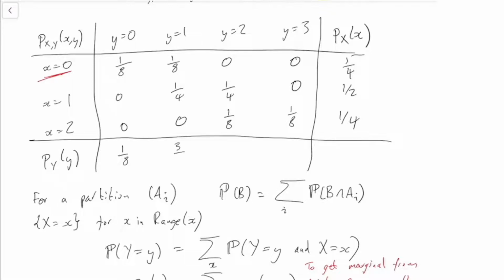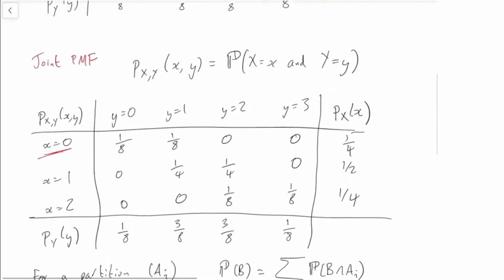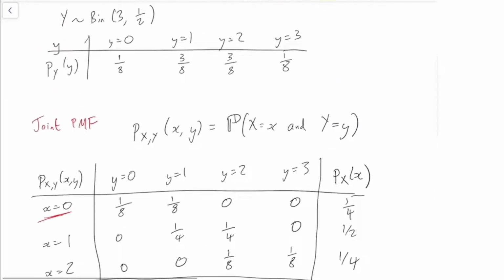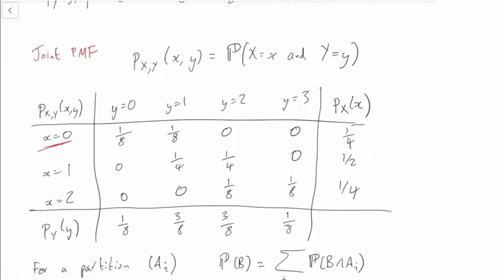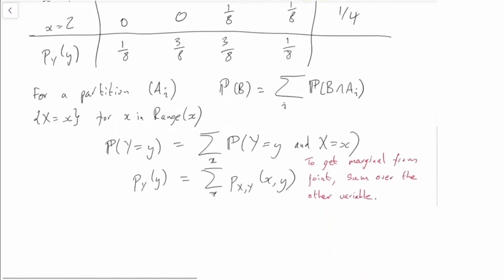An eighth plus a quarter is 3/8. A quarter plus an eighth is 3/8, and an eighth is an eighth. And you'll see that that's the same as the marginal distribution we had there. So again, we got the marginal distribution by summing down rows or columns of the joint distribution's table.